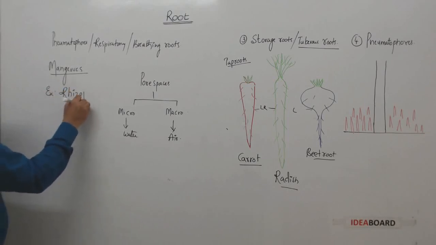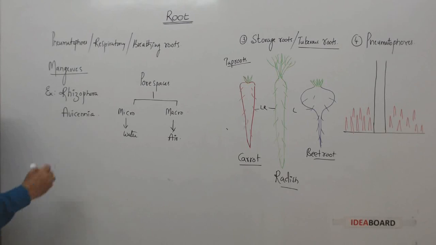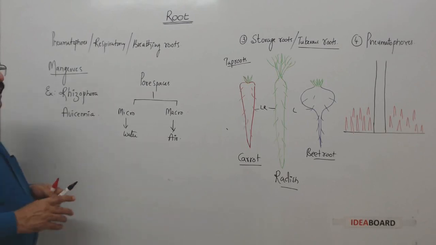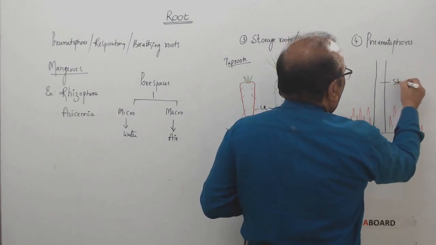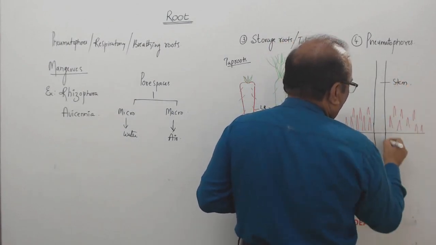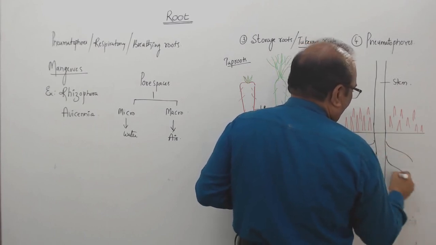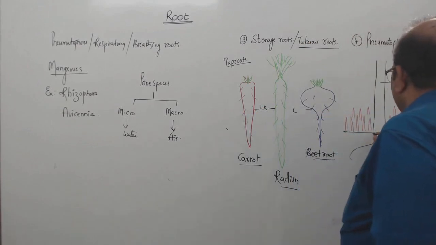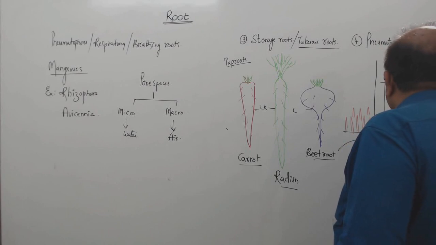Some examples of mangroves are Rhizophora and Avicennia. And you see here, this is the stem of this plant, and it has the taproot system, and as usual all these lateral roots, and the lateral roots which are close to the surface have produced some roots in an upward direction.